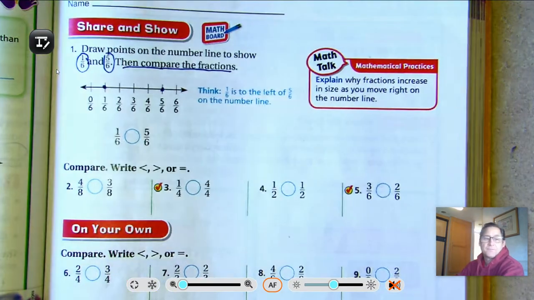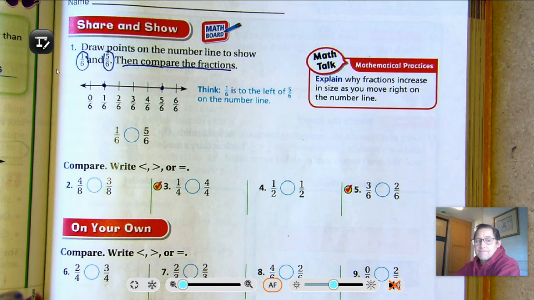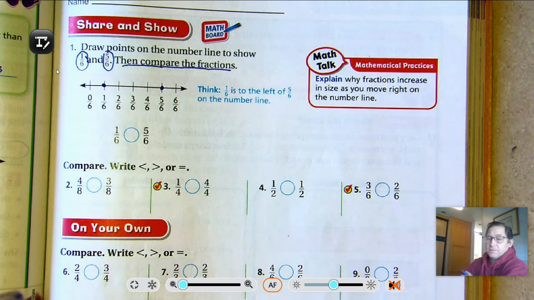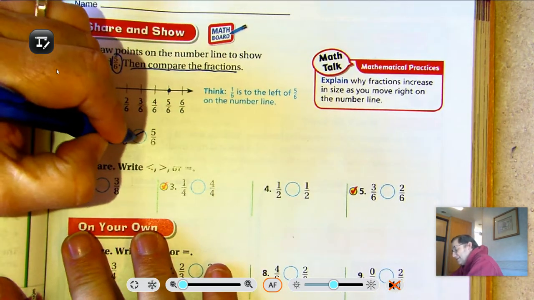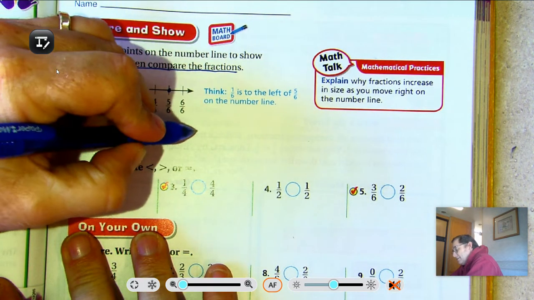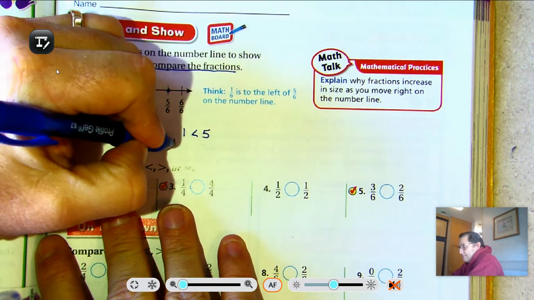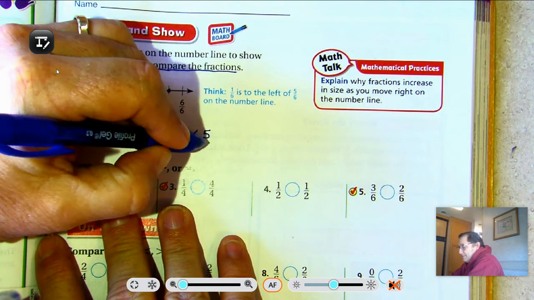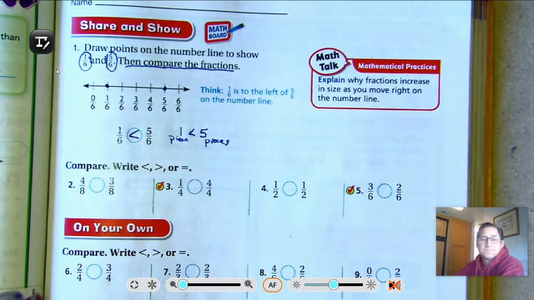Compare the fractions. 5/6 is to the right of 1/6. 1/6 is farther to the left. So 1/6 is less. 1 piece is less than 5 pieces.